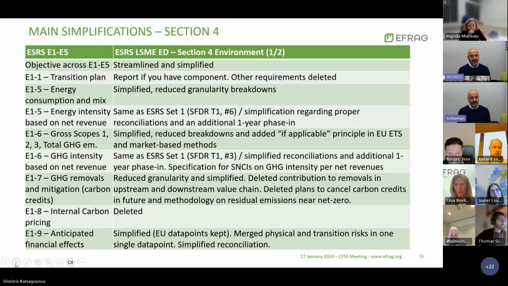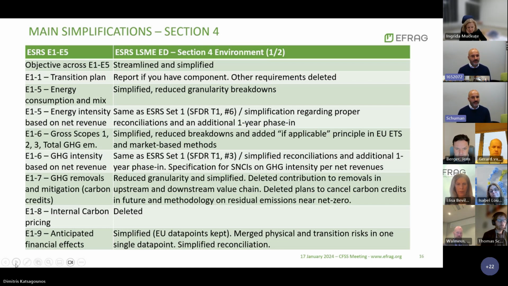In relation to energy consumption and mix, we have simplified and reduced the granularity of the breakdowns. In relation to energy intensity based on net revenue, we have the same content as in set 1, and we made a simplification regarding the reconciliation, and we have an additional 1-year phase-in.